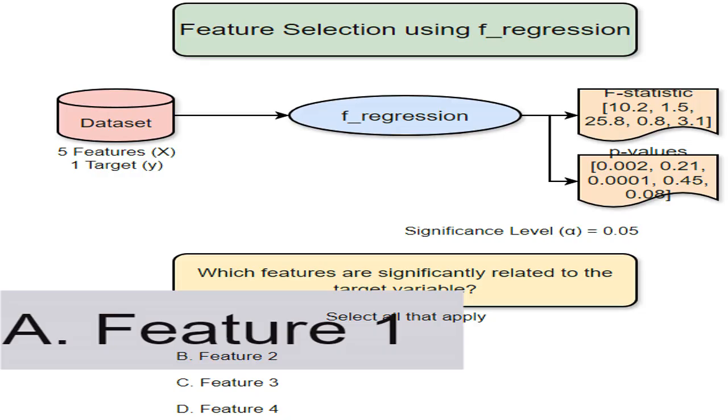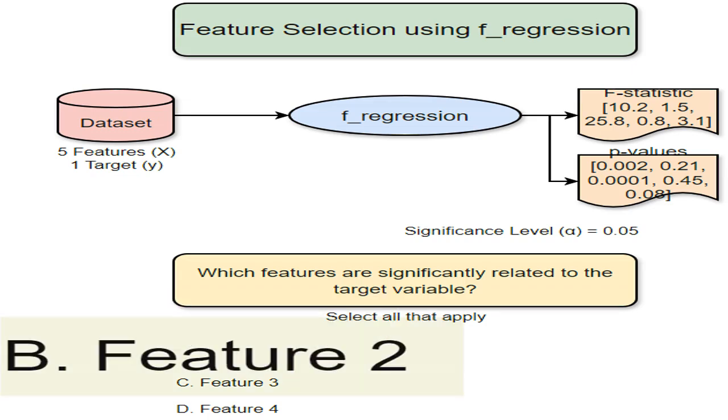The p-value for feature 3 is 0.0001, which is less than 0.05, indicating that feature 3 is significantly related to the target variable. The p-value for feature 4 is 0.45, which is greater than 0.05, indicating that feature 4 is not significantly related and thus can be removed from my model.